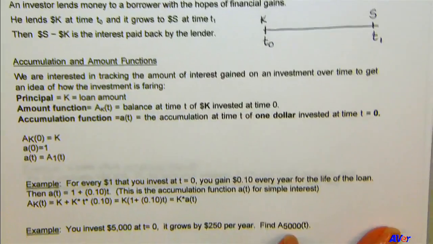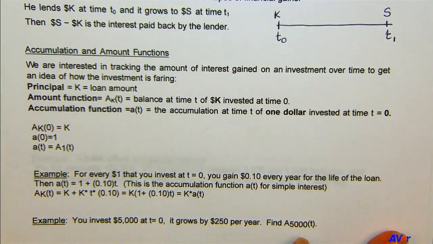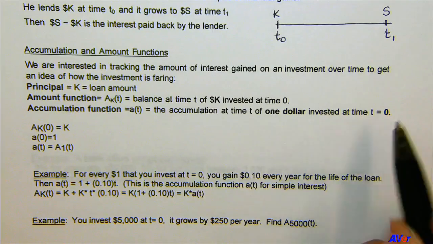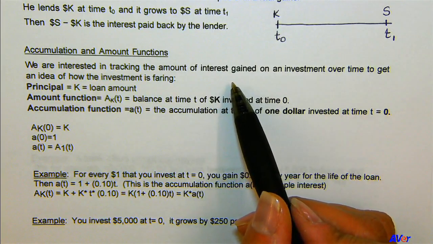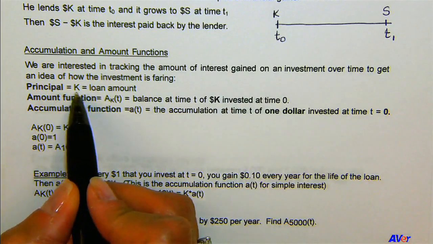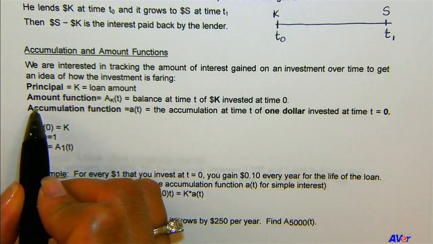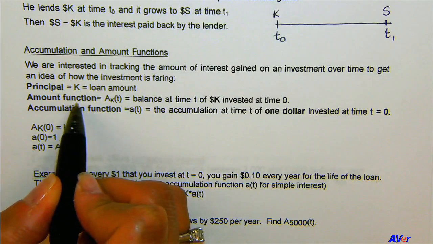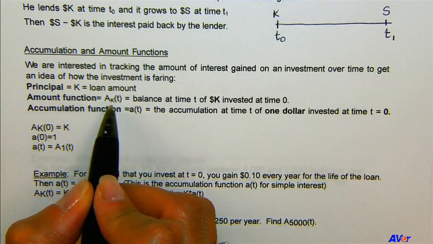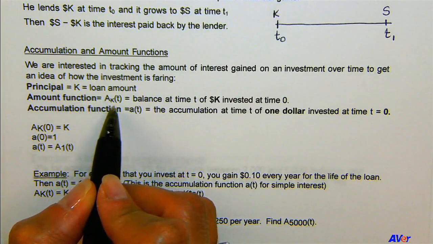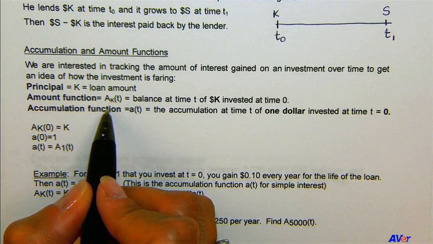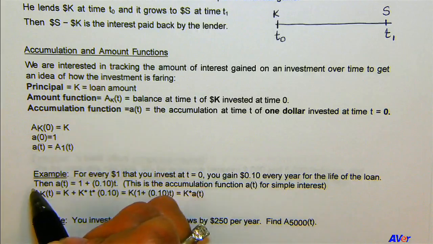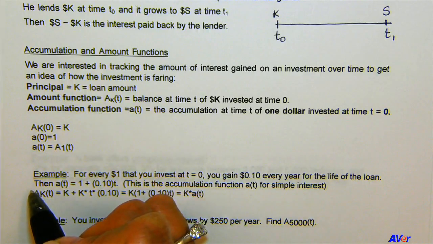Talking about accumulation functions and amount functions. We are interested in tracking the amount of interest gained on an investment over time. Principal is denoted by K. There is something called an amount function, capital A sub K of t, which gives you the balance at time t of an amount K that is invested at time 0.